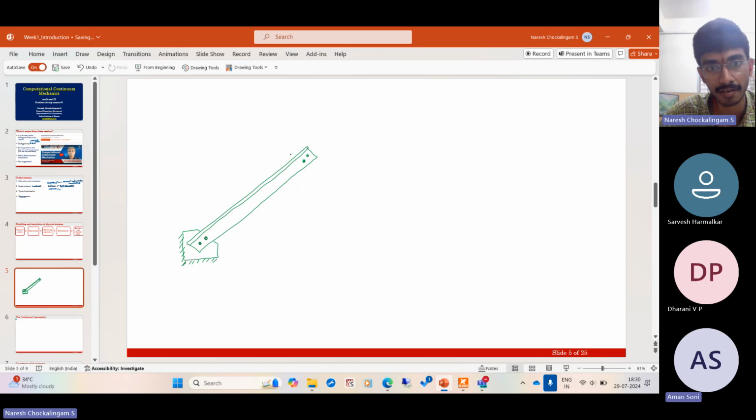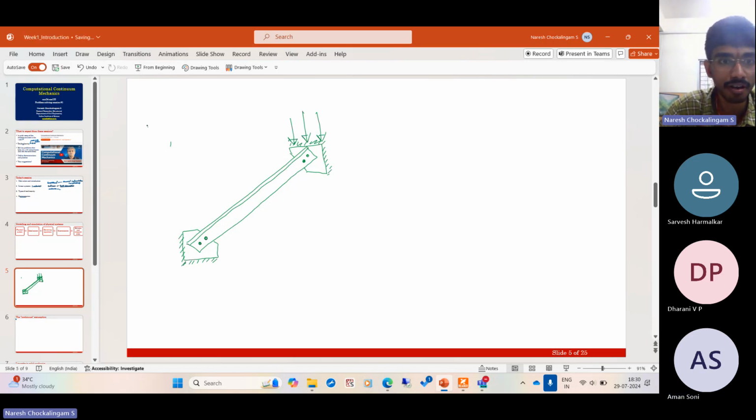So you have a gusset plate here, which helps in transferring the load. And some kind of loading is applied here. It could be from a structure it is supporting, it could be anything like that. So there is some kind of forcing that is applied onto this.